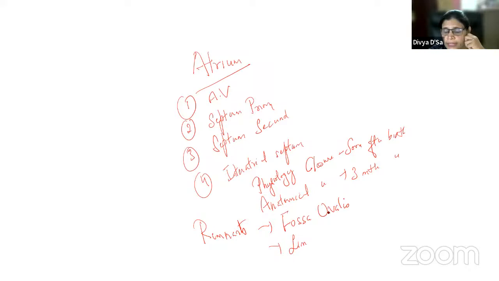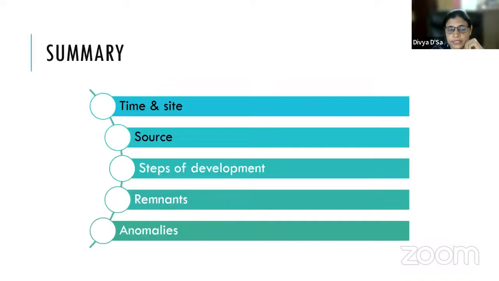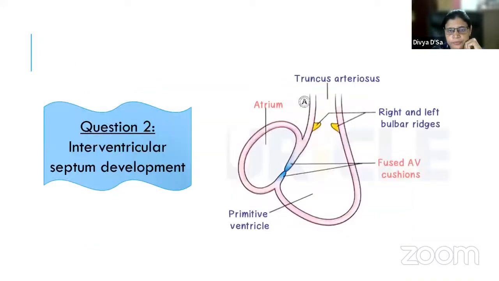The fossa ovalis is the septum primum part, and the limbus fossa ovalis is the septum secundum part. So these are the remnants which we will see after the development, and these are the things you should mention.